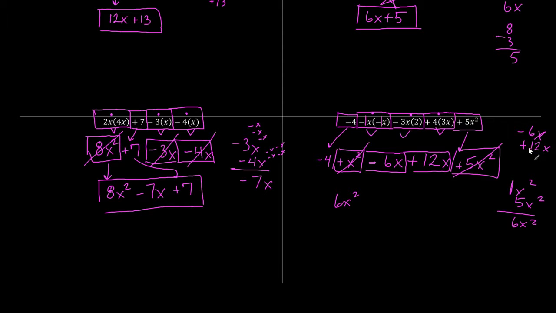I think you'd prefer if I put the 6x down here. So positive 12 minus 6 is positive 6x. So plus 6x. And we have this lone minus 4 here. Minus 4.